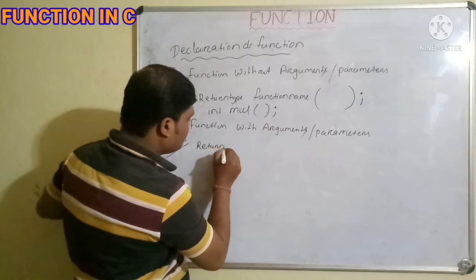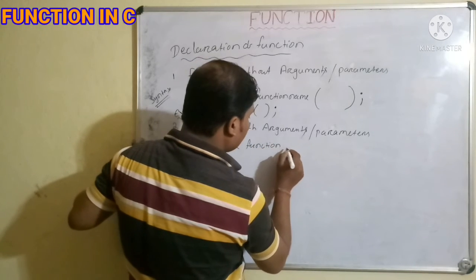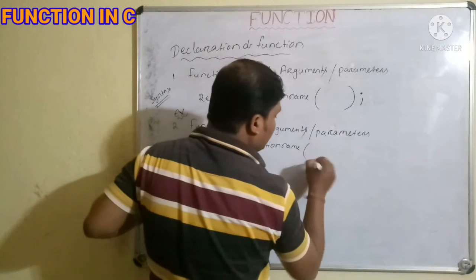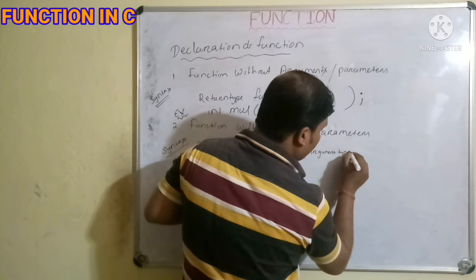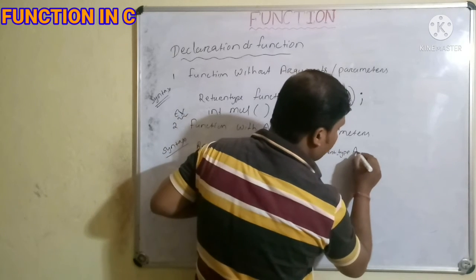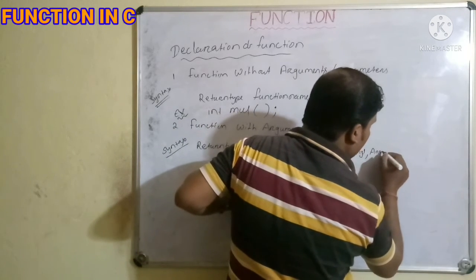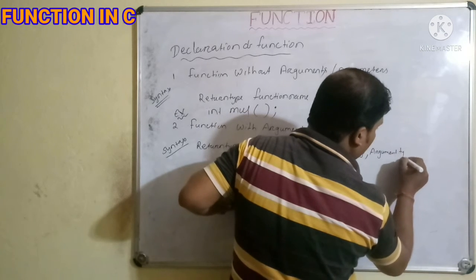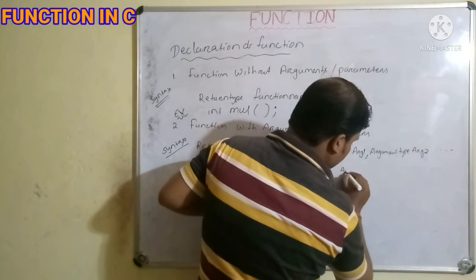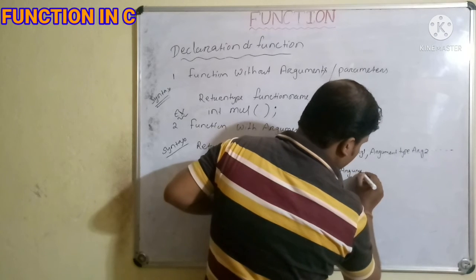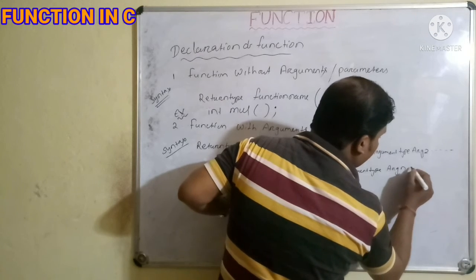This is the return type, then function name, then argument type, argument 1, comma, argument type, argument 2 like this, argument type, then argument n.